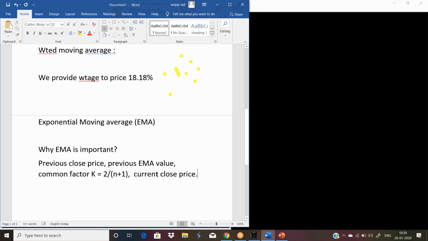See, we don't have to use simple moving average. We have to use exponential moving average.